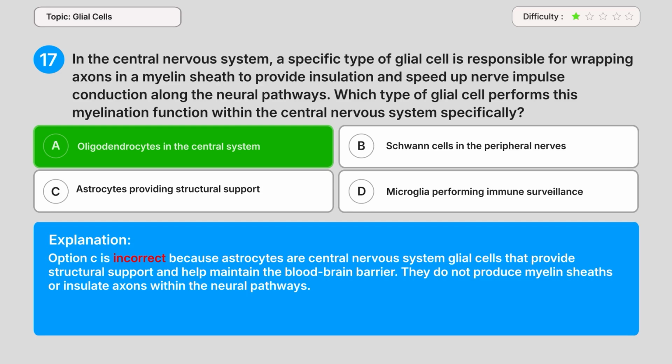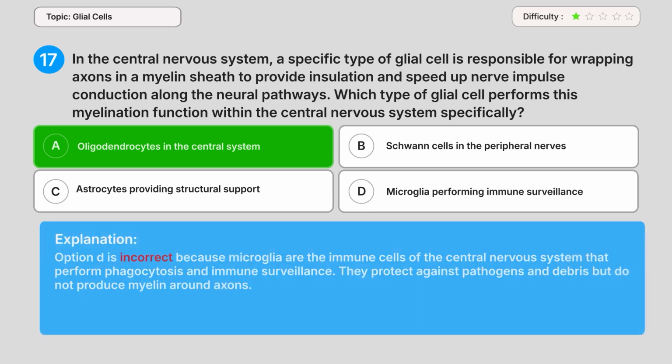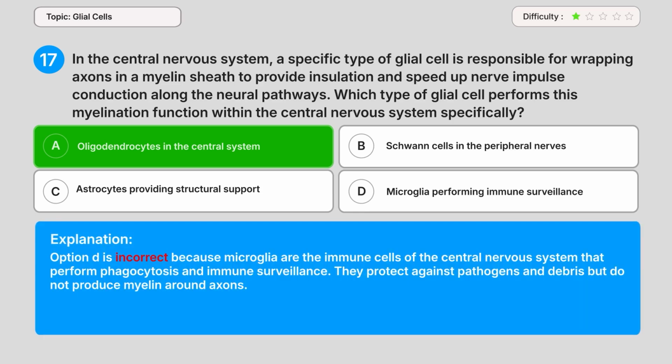They do not produce myelin sheaths or insulate axons within the neural pathways. Option D is incorrect because microglia are the immune cells of the central nervous system that perform phagocytosis and immune surveillance. They protect against pathogens and debris, but do not produce myelin around axons.